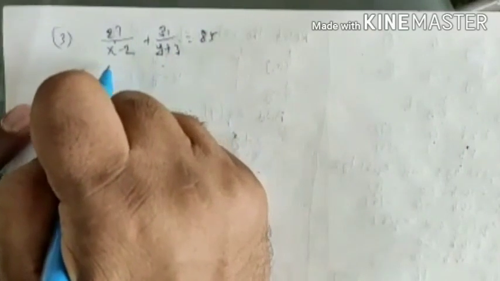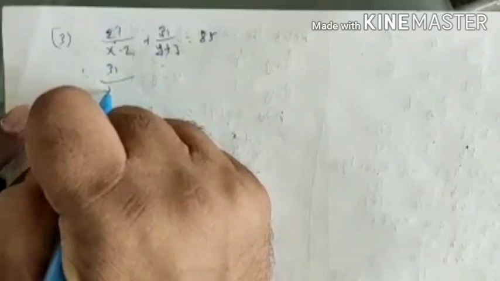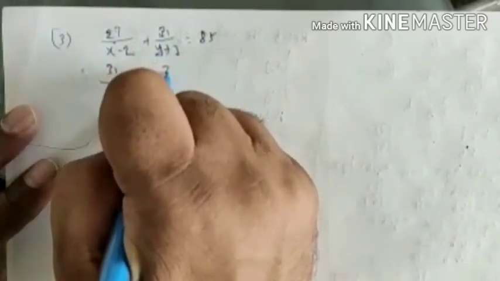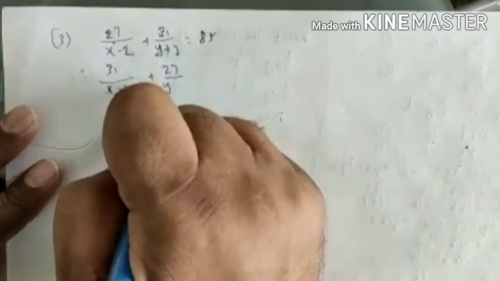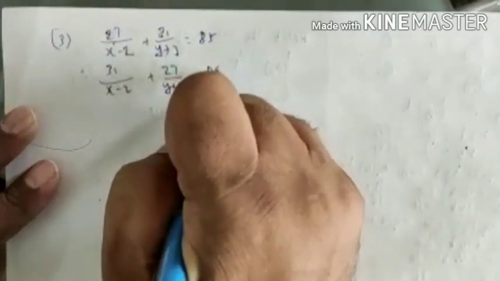And the second equation is 31 upon x minus 2 plus 27 upon y plus 3 is equal to 89.